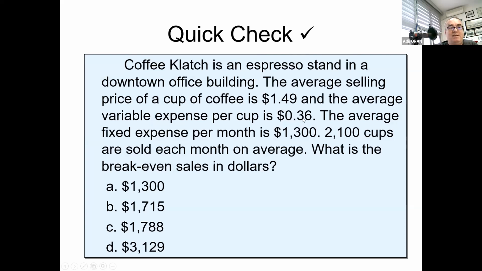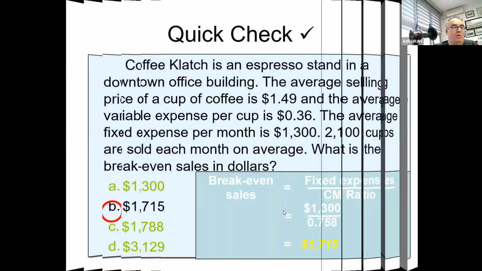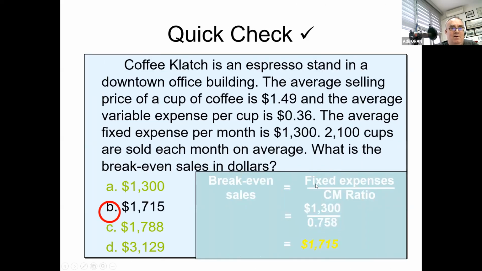So 113 over 149 would allow you to calculate the contribution margin ratio of 0.758 or 75.8%. So 1,300 over that gives you the break-even point in sales dollars, 1,715. That's where we are.